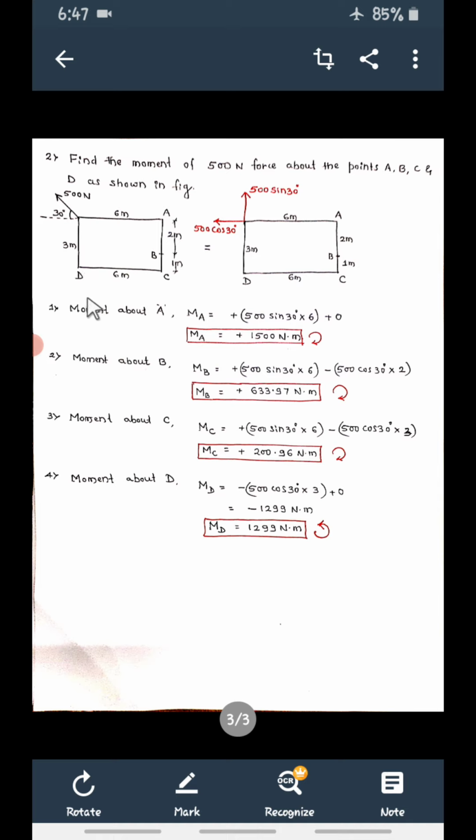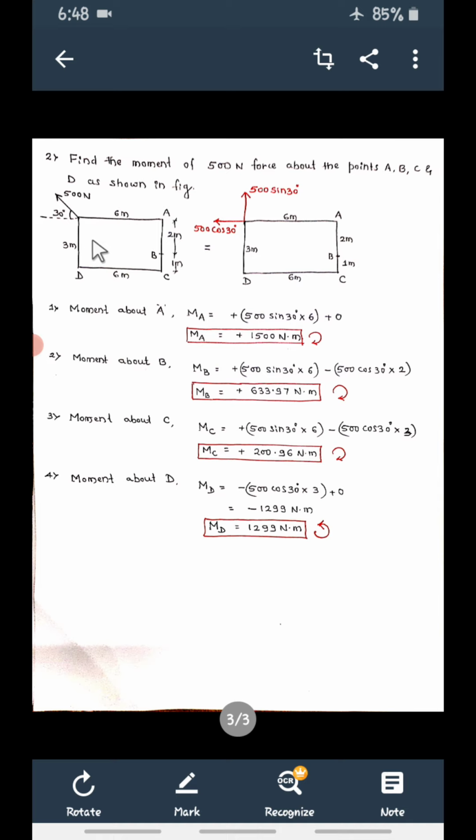Now observe here, this 500 Newton force is acting inclined at an angle of 30 degrees with the horizontal, which you can take as the x-axis.